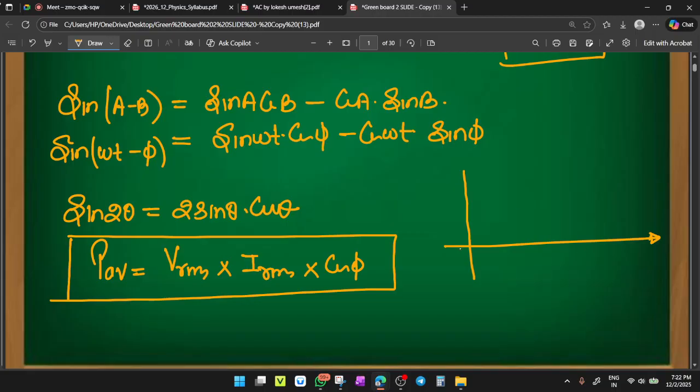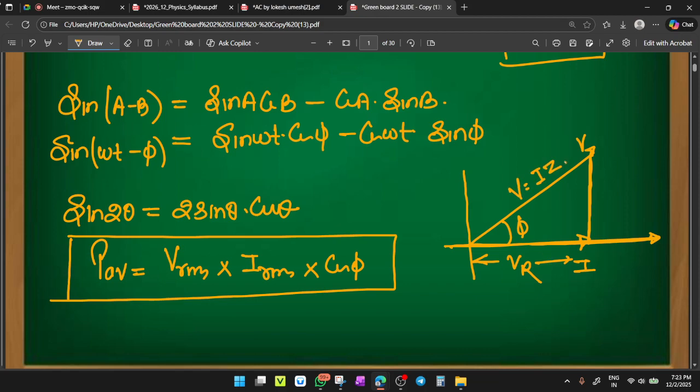For an LCR series circuit, this is the phasor for current, and this is the phasor for voltage. If we complete this triangle, we have this voltage as VR, and this is the resultant voltage V, which equals I into Z.